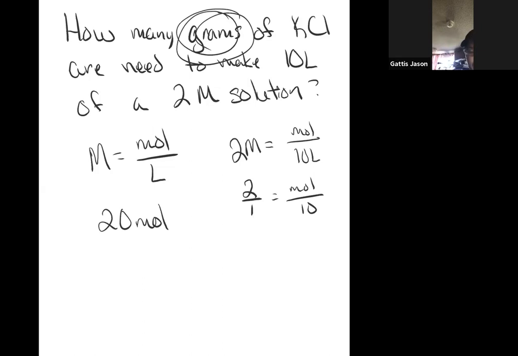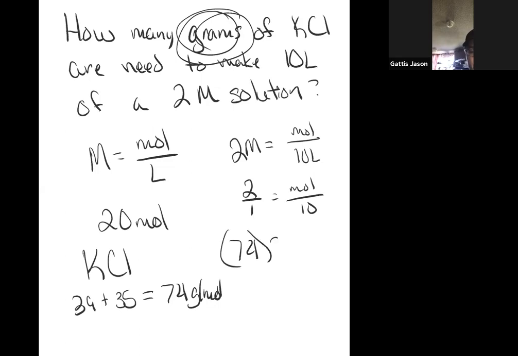All right. So KCl, K is 39, Cl is 35, so you get 74 grams per mole. Then you multiply 74 times 20, and it comes out to be 1,480 grams, and that's your answer.